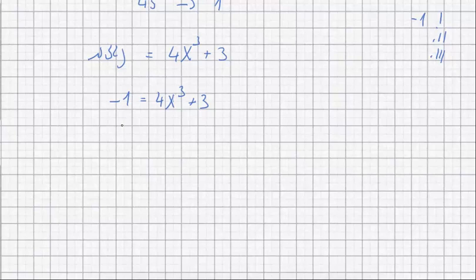Almost. It's 3 plus 1, no? What? So what did you do? We want to לבודד the x.